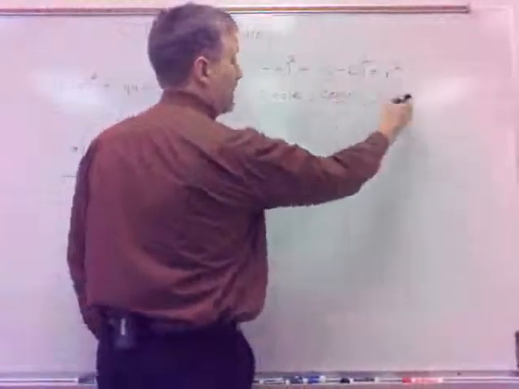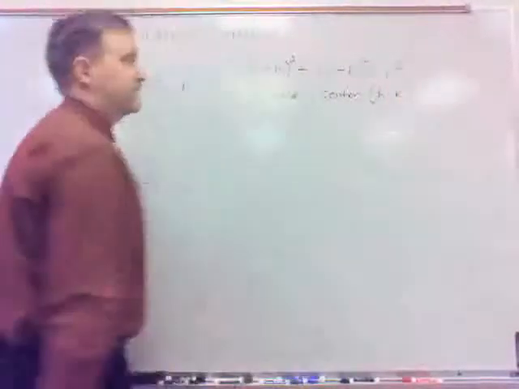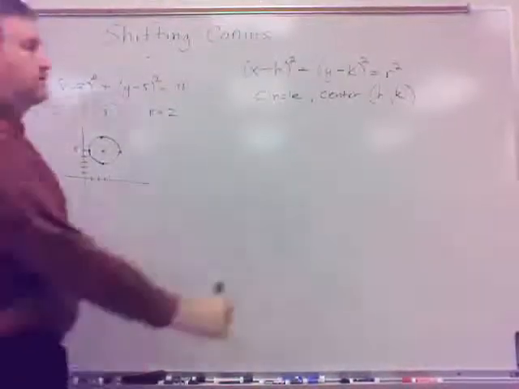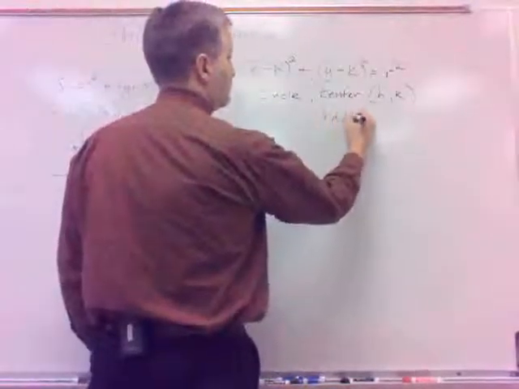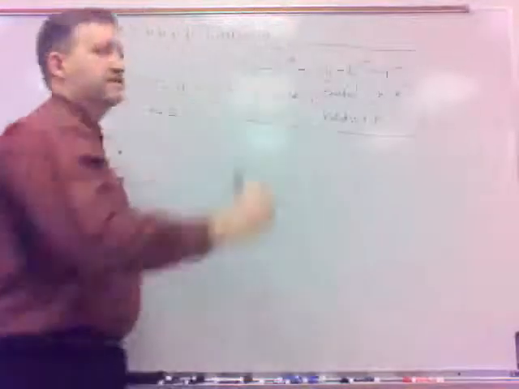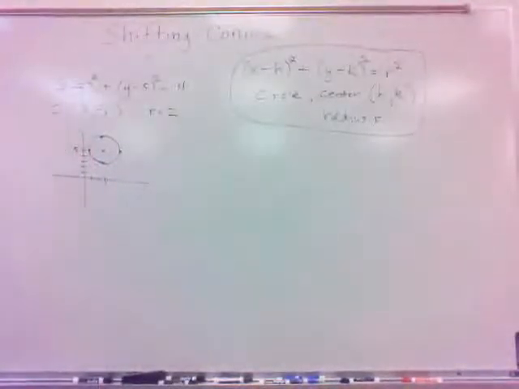Whatever's minus the y, that's the y value of the center. So h, k would be the center. Radius r. So that's how circles get shifted. And the good news is ellipses and hyperbolas work just like it. But for now, we're working on the circle. Okay? Is that okay? With me on that?